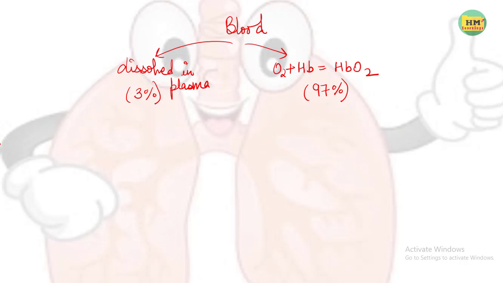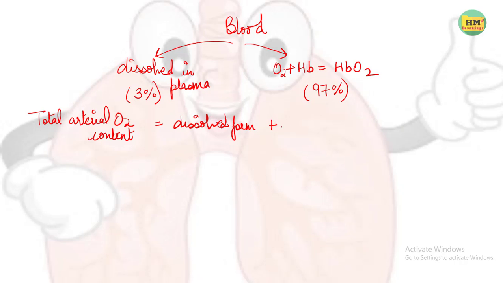If someone asks you what is the total arterial oxygen content, what will you say? Definitely it will be the addition of these two: the oxygen carried in the dissolved form plus the oxygen carried by the hemoglobin. How will you calculate the oxygen carried in the dissolved form?